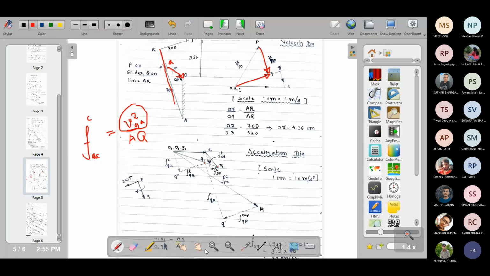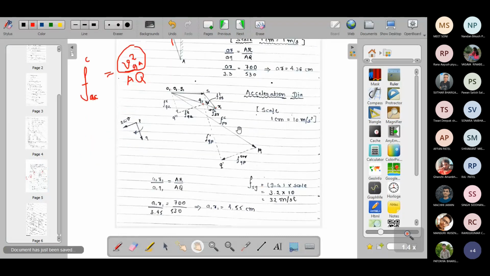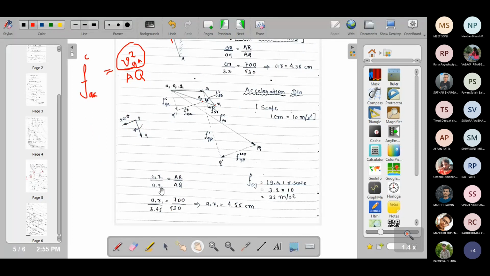So I can use this ratio A1R1 divided by A1Q1 is equal to the length ratio AR by AQ. A1R1 I am interested in. Where will A1Q1 come from? No, this is the acceleration ratio, and this is the length ratio.